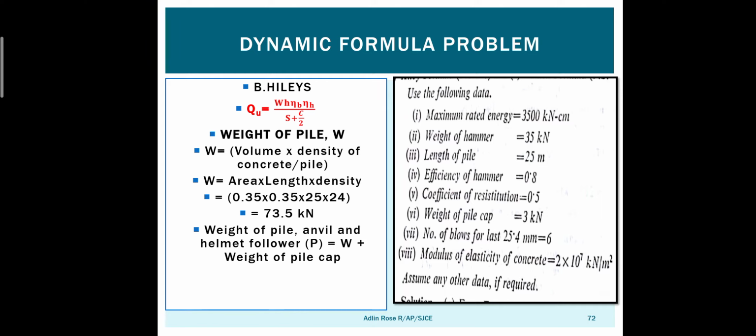So the total weight of the pile, capital P, is equal to W plus the weight of the pile cap. So the weight of the pile is 73.5, just now we found out, plus the weight of the pile cap given in the question, 3 kilonewton, that will give you 76.5 kilonewton.